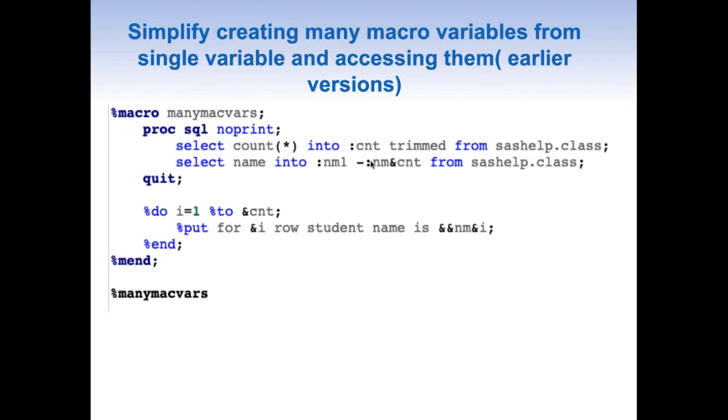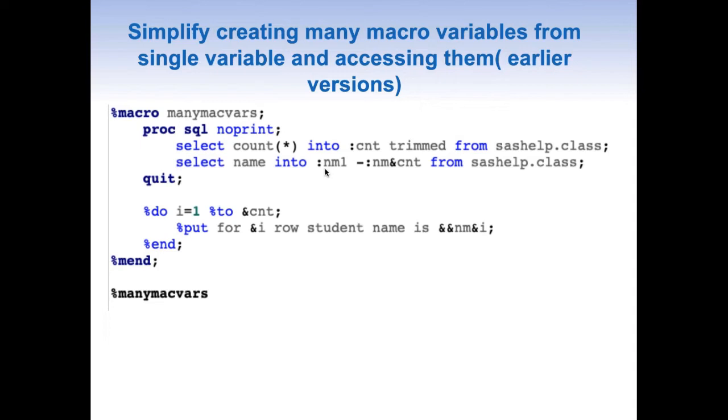I want my count value to be trimmed. Also in here I am doing select name into :name1 - :nm&cnt.